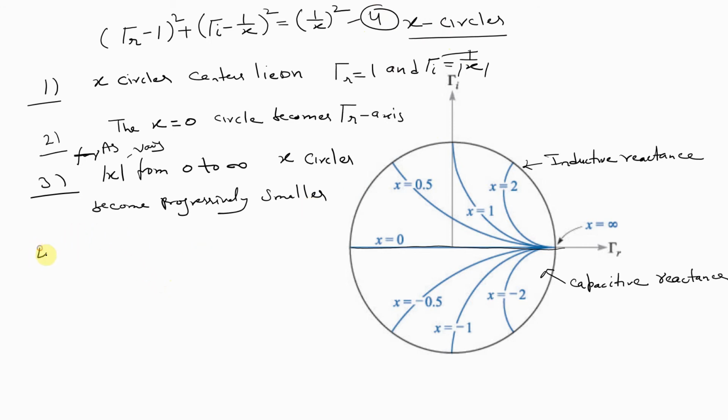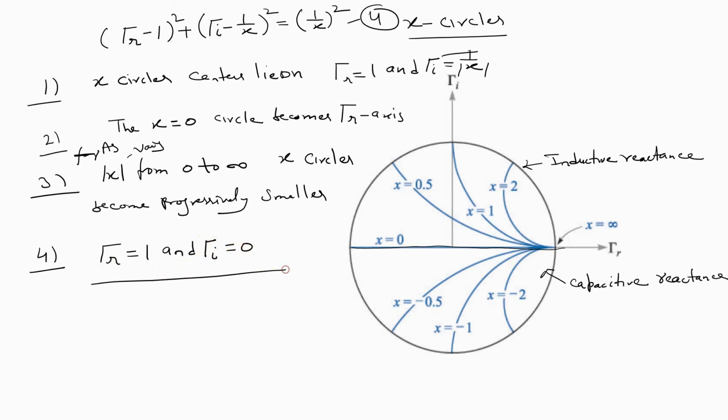And the fourth one is, all the x circles pass through gamma r is equal to 1 and gamma I is equal to 0.